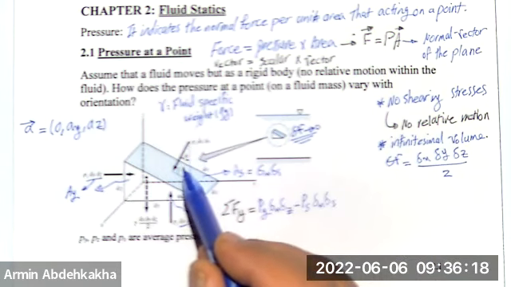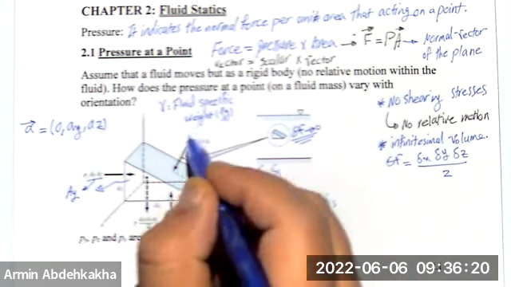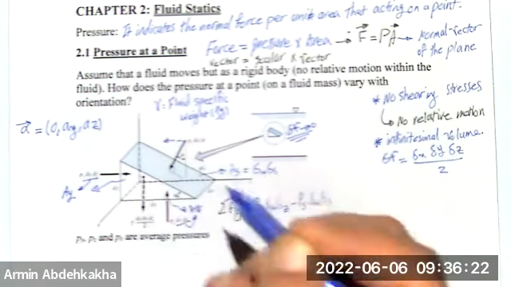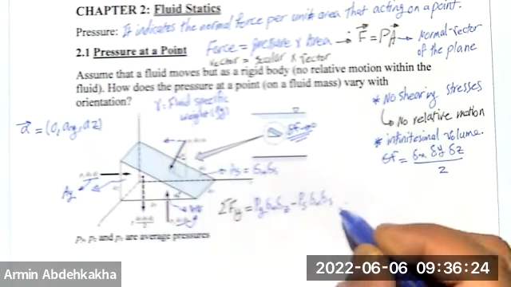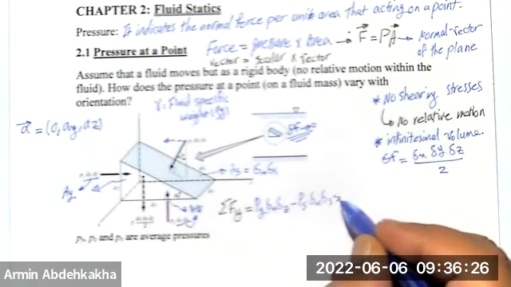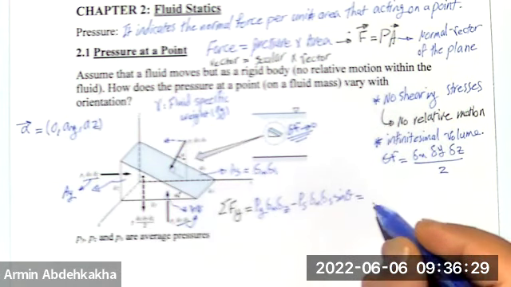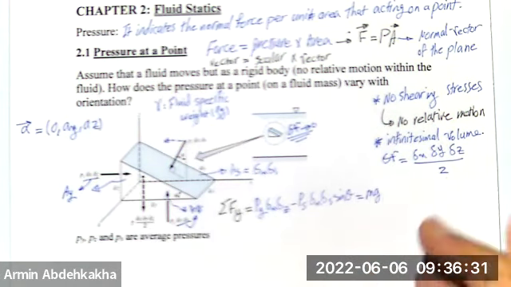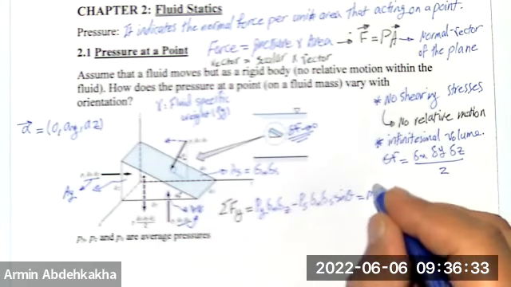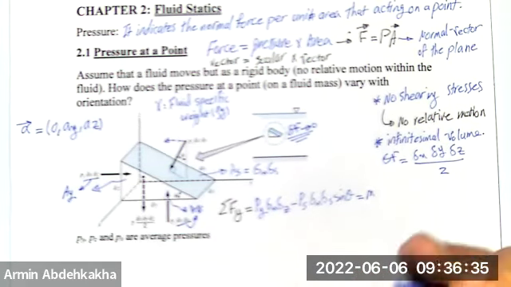So it should be multiplied by sine of theta, because you want to have this force. Sine of theta is equal to the acceleration a y.